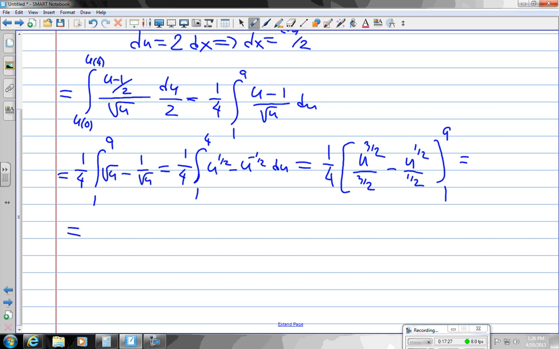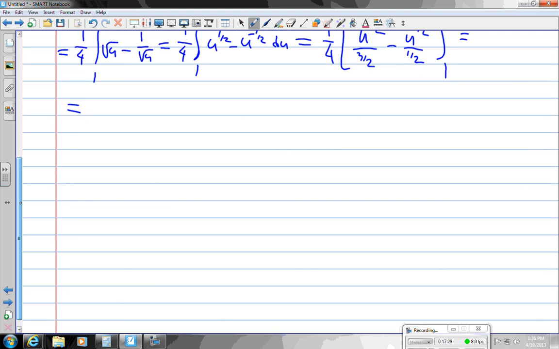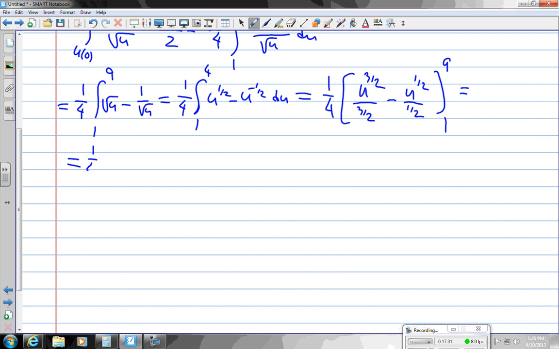So this is 1/4 times 2/3 square root of 9 cubed, minus 2 square root of 9, minus 2/3, well, times 1 plus 1/2 times 1.